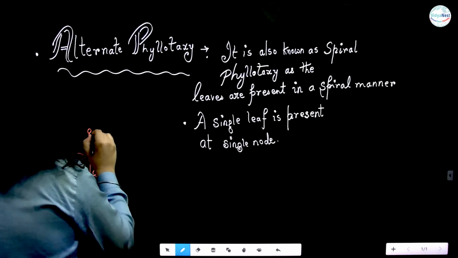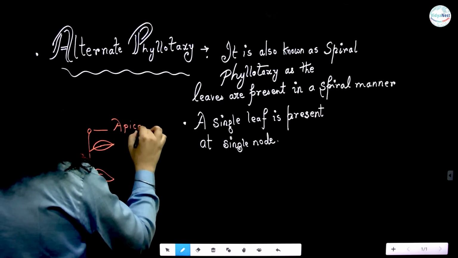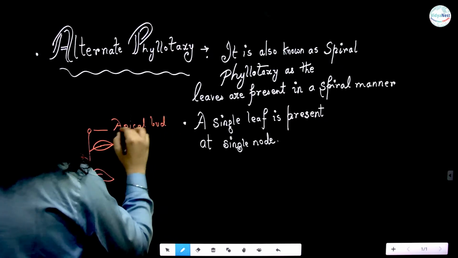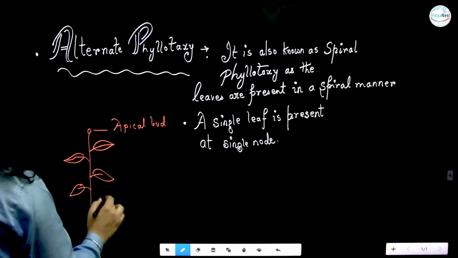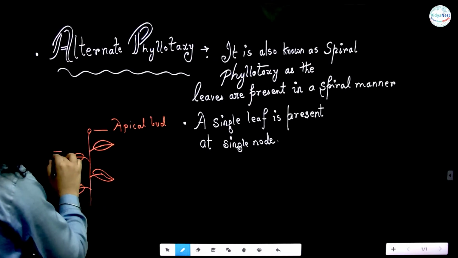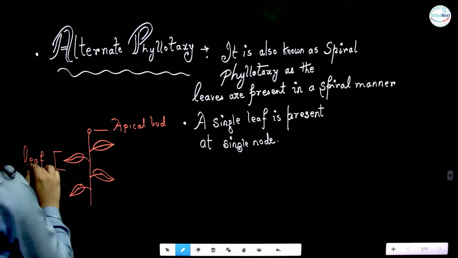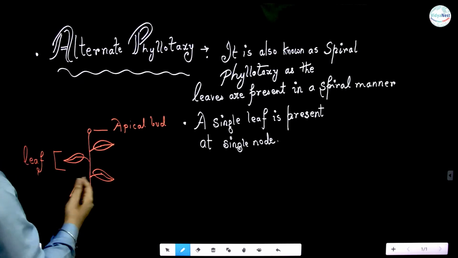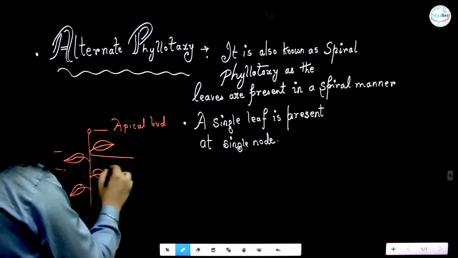So I can label it over here. The apical bud. This one is the apical bud. This is a leaf. You know, the other technical name for the leaf is phyllopodium.